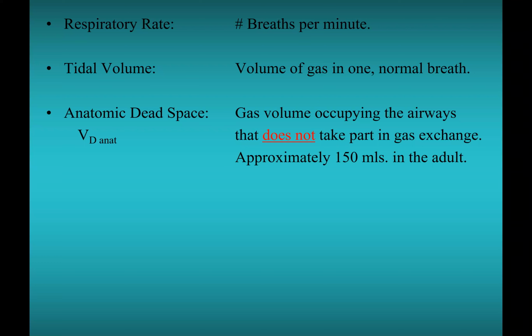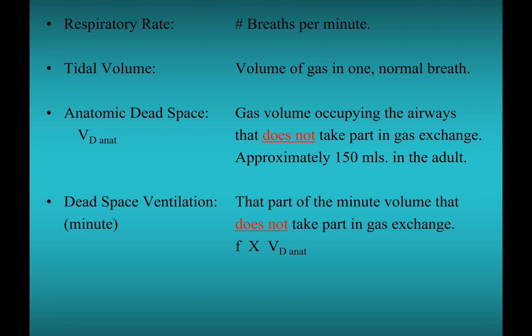Now we're going back into the anatomic dead space. What exactly does that mean? Anatomic dead space is the gas volume occupying the airways, and remember, it does not take place in the gas exchange part of the body. Most adults have about 150 mLs of dead space. So the conducting zone in general holds about 150 mLs in a typical adult.